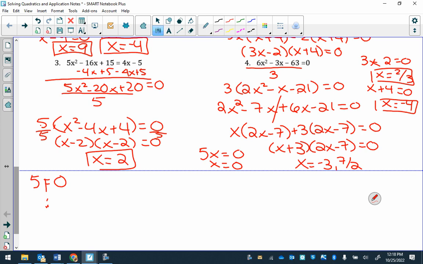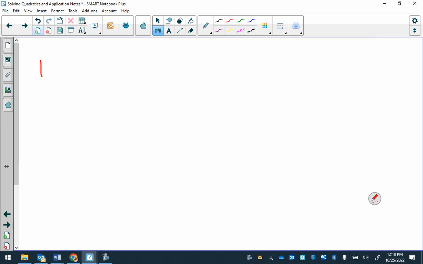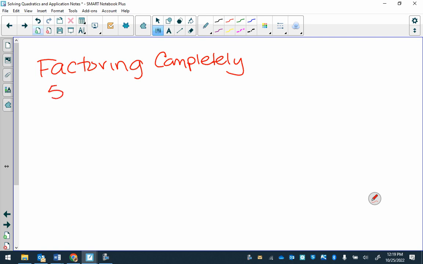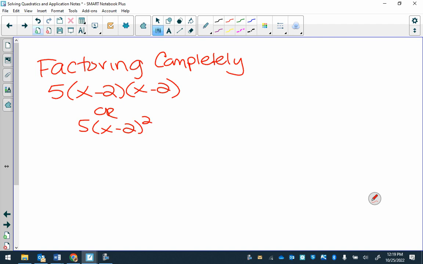Why are there some problems where you have to keep everything? If it's factoring completely, it's a great question that both of you had. Factoring completely has to include every single piece. So factoring completely would be 5, x minus 2, x minus 2, or 5 times x minus 2 squared.